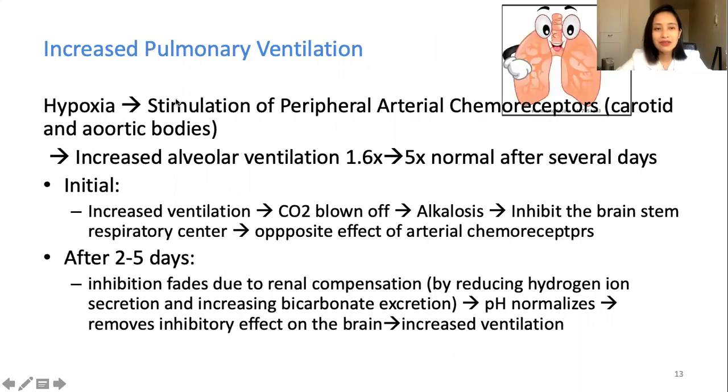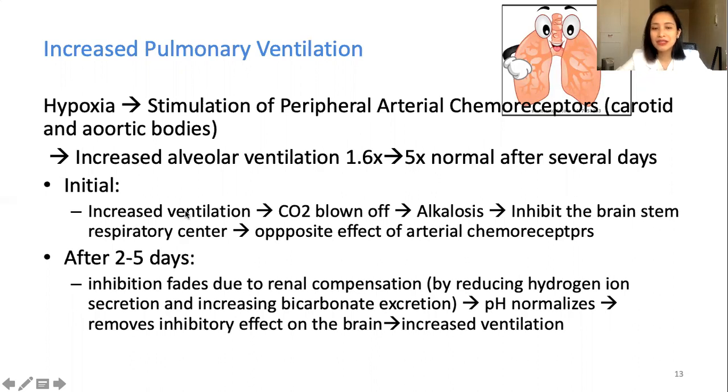So how does your increased pulmonary ventilation happen? When you're exposed to low partial pressure of oxygen and you experience hypoxia, this stimulates your peripheral arterial chemoreceptors in your carotid and aortic bodies. This stimulation results in an increased alveolar ventilation by about 1.6 to 5 times normal after several days.